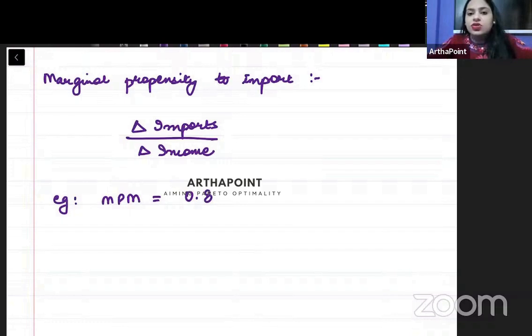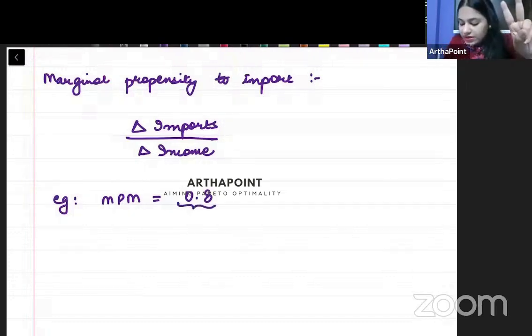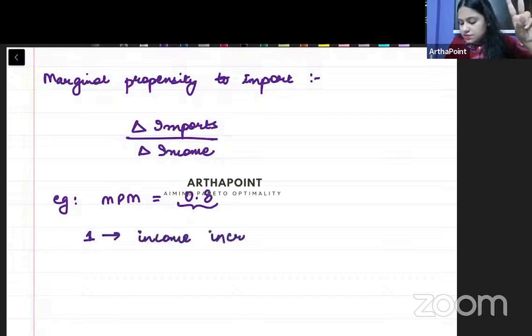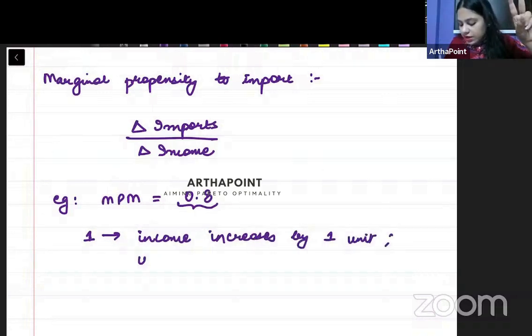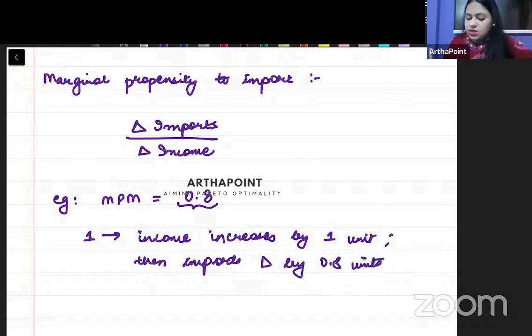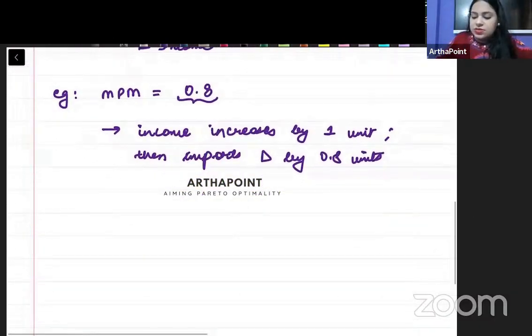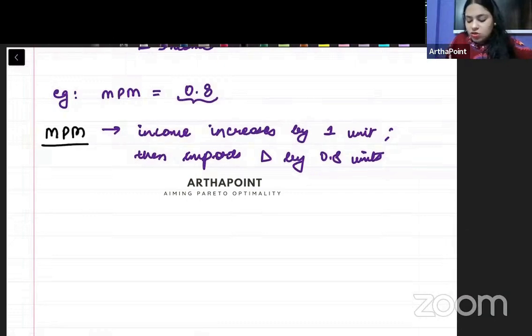So his spending can increase on two things, या domestic goods पे या imports पे. So 0.8 tells us that when income increases by 1 unit, then beta, imports increase by 0.8 units. जब income 1 unit से बढ़ेगी तो imports 0.8 unit से change होंगे.